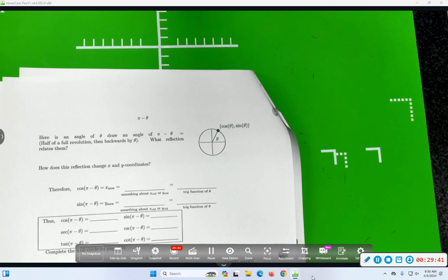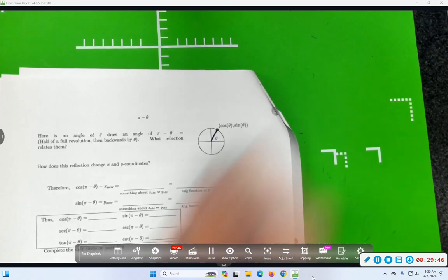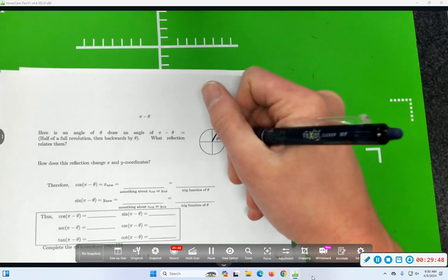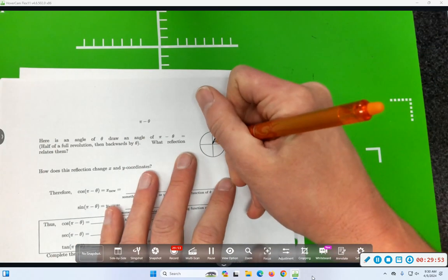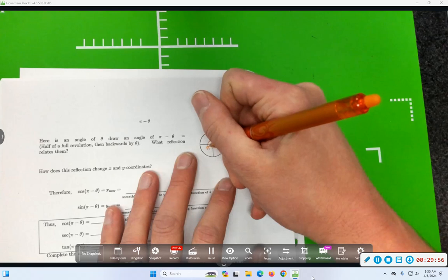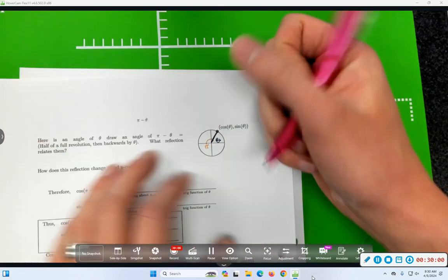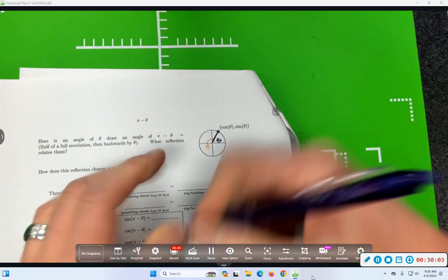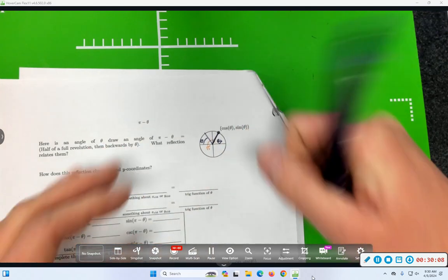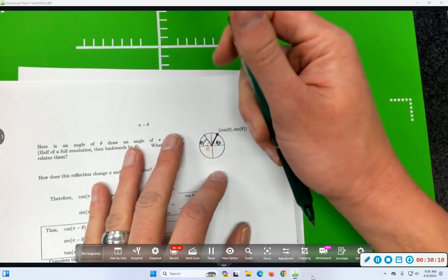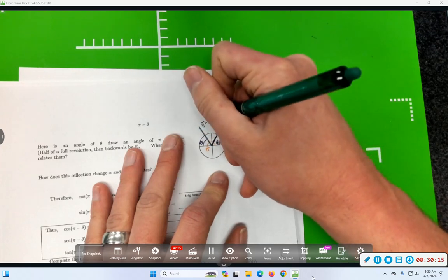Let's draw it here, so I don't have to blow out my shoulder. So there's an angle of theta. To get an angle of pi minus theta, first go forward by pi. Then I go backward by theta. So this angle corresponds to pi minus theta.